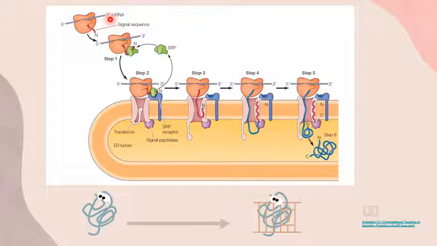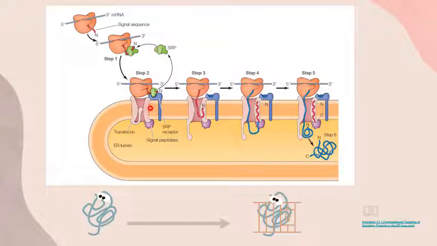So let's just summarize what we said. The ribosomes will synthesize the protein. There will be a signal sequence. Once it has emerged from the ribosome, it will catch the SRP. The SRP will also be caught by the receptor to stay on the ER.